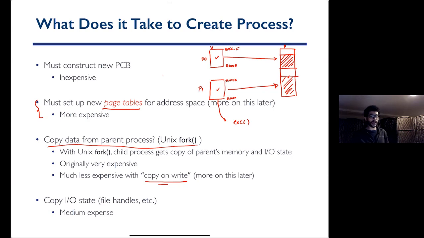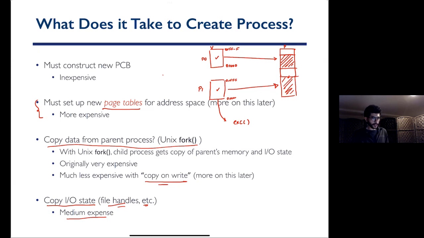It's like you have to now copy, then you copy. Another thing for creating a process is to copy I/O state, basically file handles and etc. So this also is medium expense for the operating system to do.